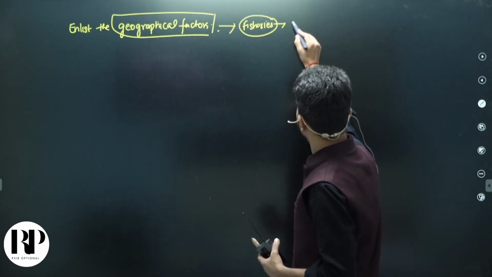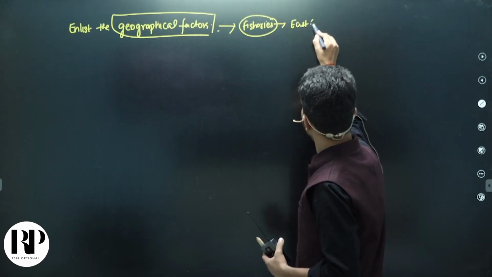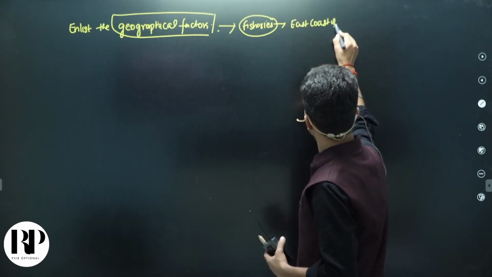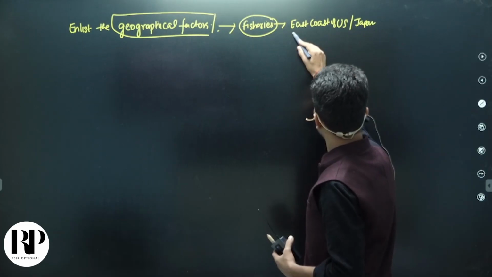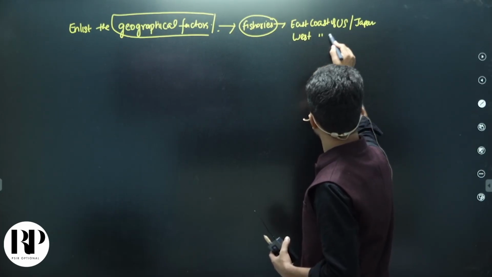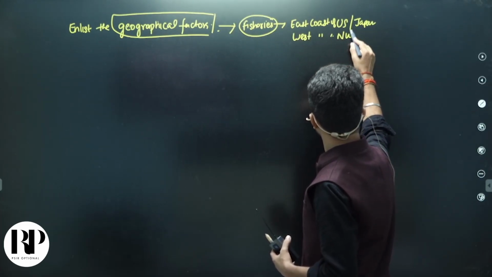So can I say that the east coast of the US, or the east coast of Japan, or the west coast of northwestern Europe?